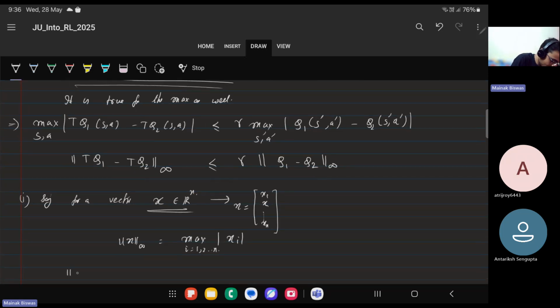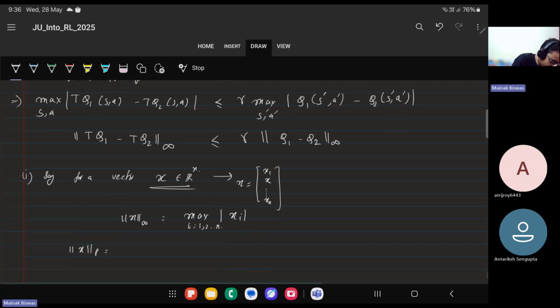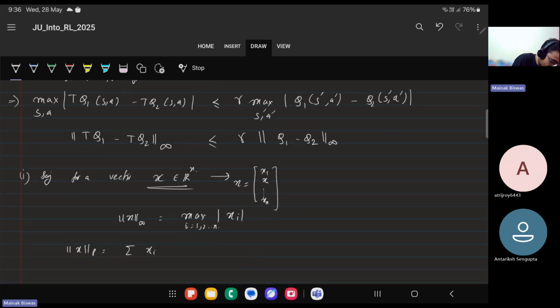And we know that the Lp norm is defined as the summation of |xi| to the power p, to the power 1 over p, i equal to 1 to n.